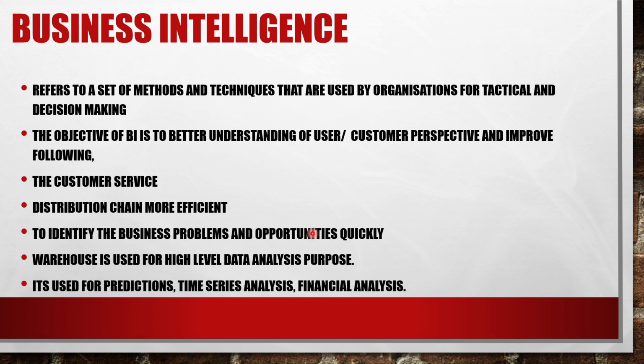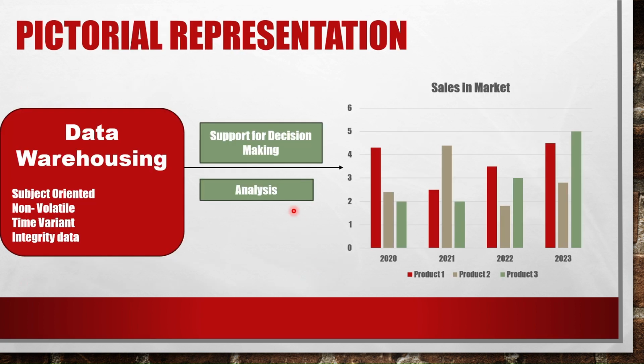It is also used for high-level data analysis, mainly for prediction, time series analysis and financial analysis. Here I have given a pictorial representation of how business intelligence works and how we can make reports based on that. On the left side the data is presented in the form of historical data. On the right side I have given a bar chart, that is a report of the sales in the market, yearly sales for three products.